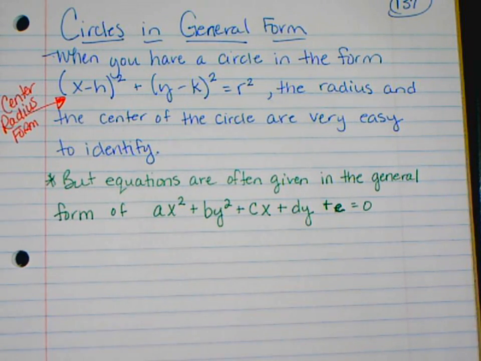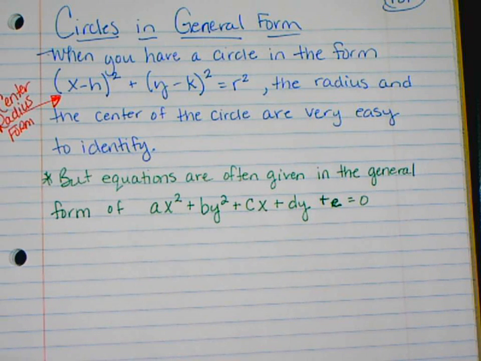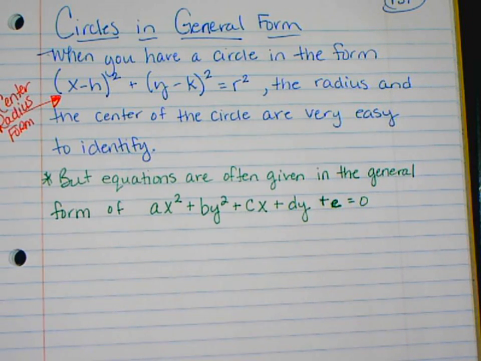So, like I said, when you're given an equation in the general form, you can't just look at it and see what the center is and what the radius is. We're going to have to do some work. Y'all remember when we learned how to complete the square with quadratics? When we learned to solve quadratics, we tried to factor and then set the factors equal to 0, but not everything's factorable, so that method didn't always work.